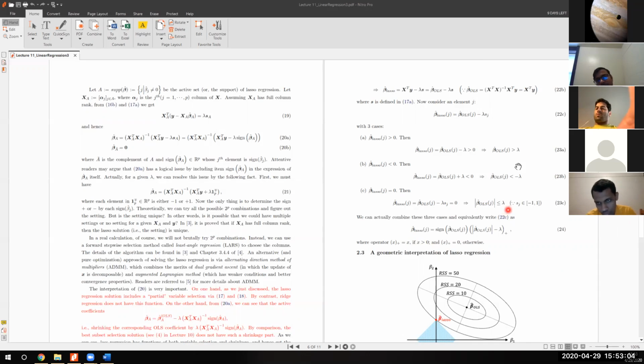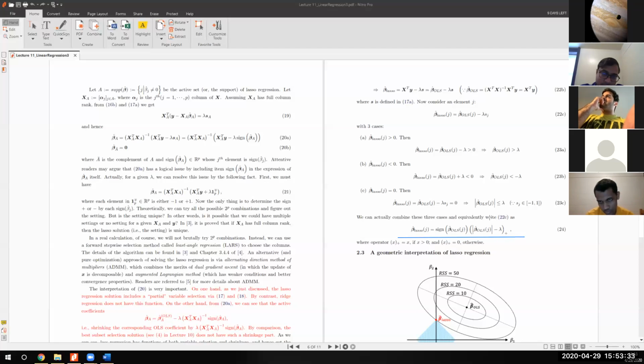See it? Then I can conclude these three cases, 23 A, B, C, in only one formula, which is really powerful, in this way. See here? This part is the sign of this OLS beta j. By the way, OLS beta j means the jth element of OLS beta. Times this, which means if it is greater than 0, then it's this number.